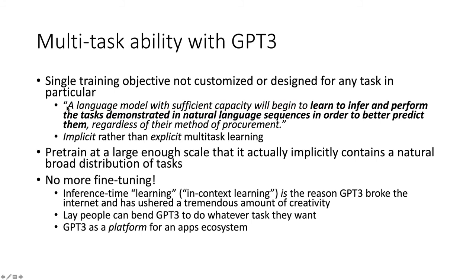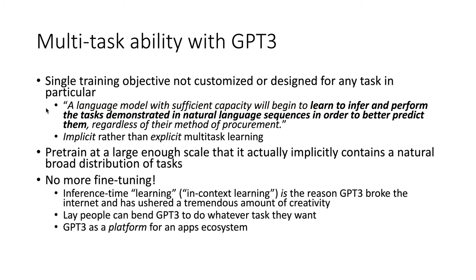Here I took a quote out of the article because I thought it was the key insight of the article, so I'm just going to read it. Their bet is that a language model with sufficient capacity will begin to learn to infer and perform the tasks demonstrated in natural language sequences in order to better predict them, regardless of their method of procurement.